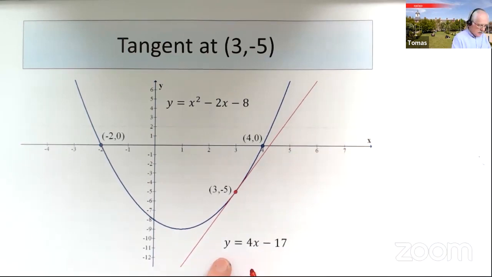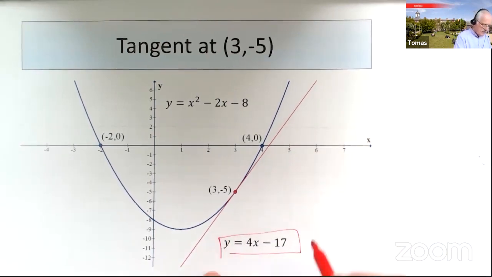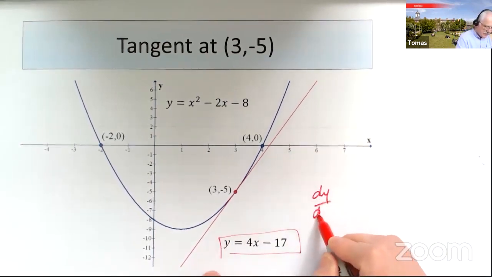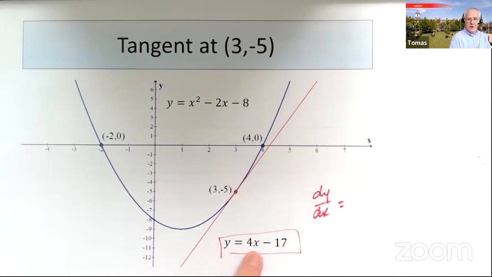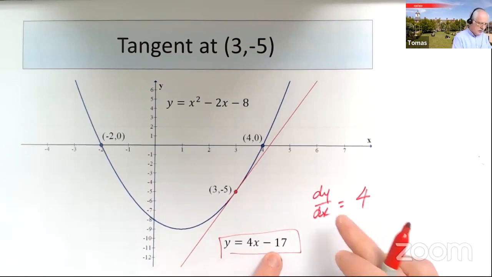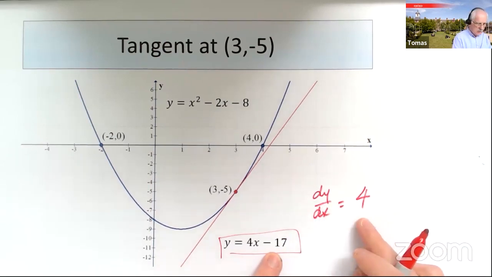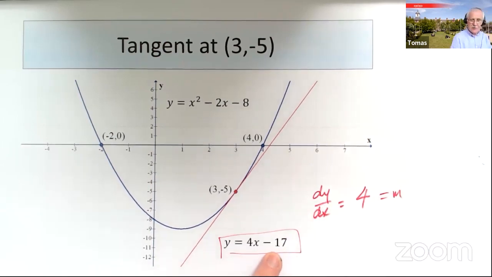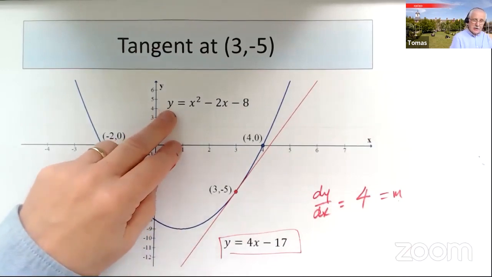And think of it: if y is equal to 4x minus 17, what's dy/dx? dy/dx of 4x is 4, dy/dx of 17 is 0. So dy/dx is 4. dy/dx is m, as before. So dy/dx, slope, 4, tangent, line, all tied together. And that was when we called it y.